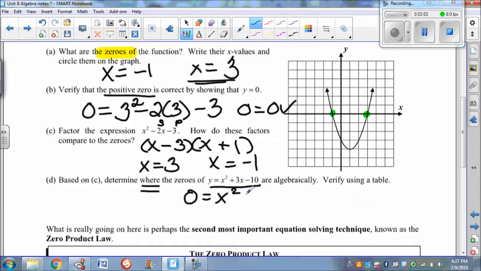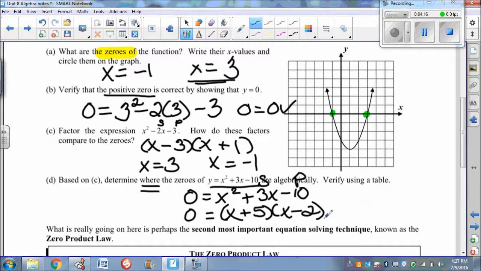So y has got to be equal to 0 because that's where they cross the x-axis if I were to graph this. And now I would then factor. Sum and product. It's got to sum to +3 and multiply to a -10. So that's going to tell me it's +5 and -2.